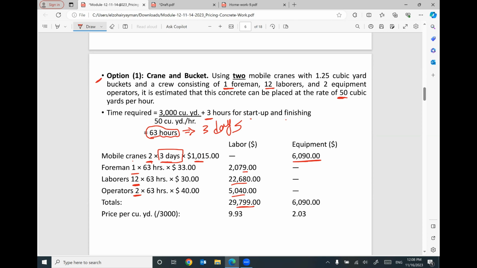Then what is the total for labor? What is the total for equipment? Once you get the total, you can divide this amount by the total of concrete, 3,000 cubic yards. I can tell you what is the unit price. This is called unit price. Price for each cubic yard of pouring concrete.